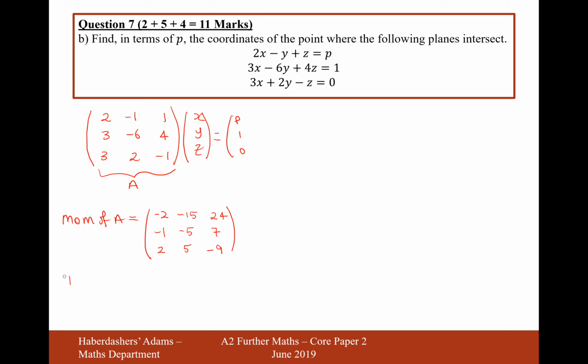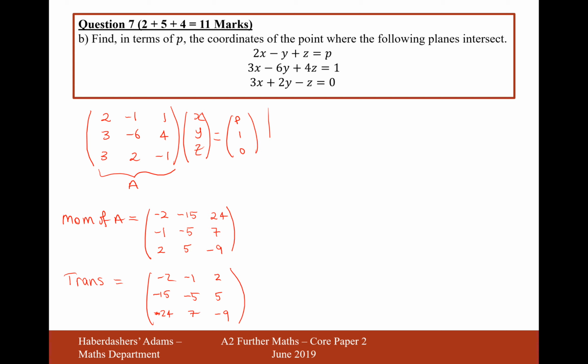Now we're going to transpose it. So it's going to be minus 2, minus 5, minus 9. And then transpose it will mean minus 1, 2, and 5 will end up here. So they will cross over the leading diagonal. Minus 15, positive 24, and then 7.